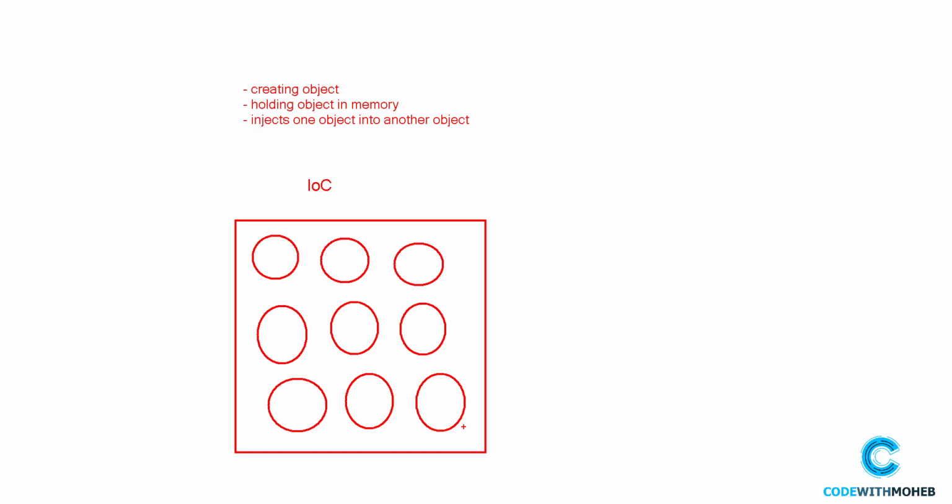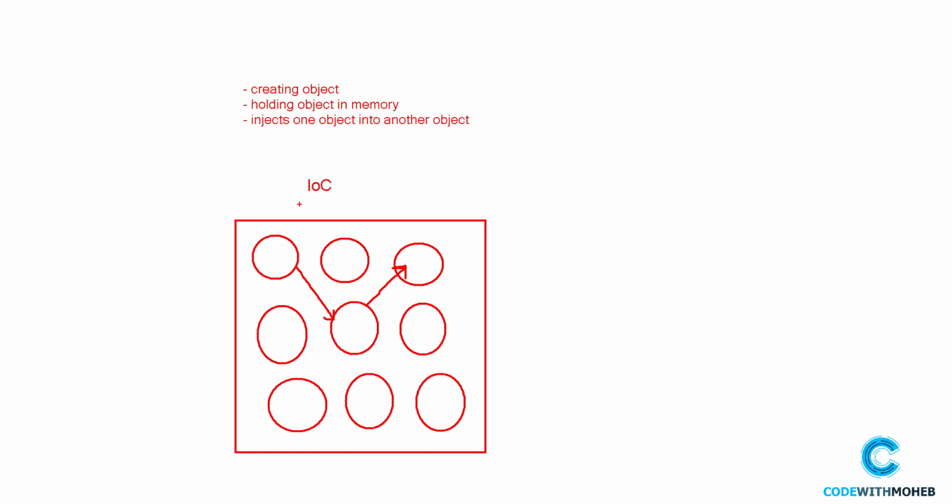So assume that for the IOC Container we tell which object, for example, this object is dependent on this object, and this object is dependent on this one, and so on. All these things we have to tell to IOC, so that IOC can handle all of them.